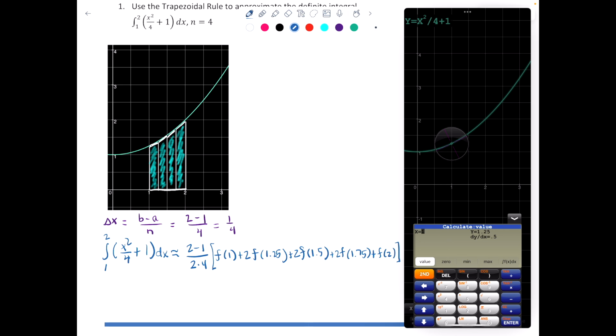Cool so far? Awesome. This will equal 1/8 times.